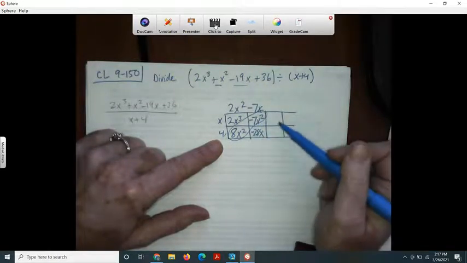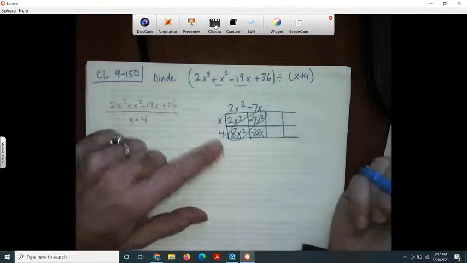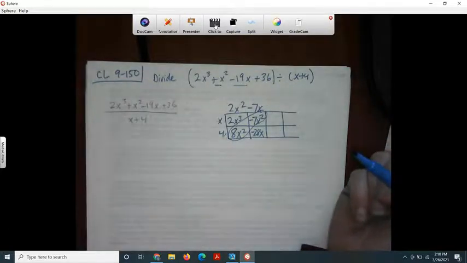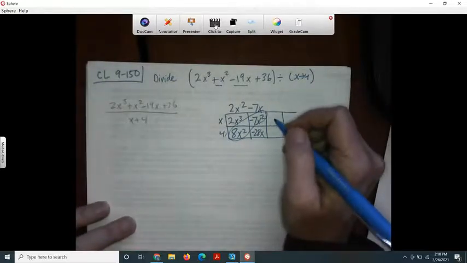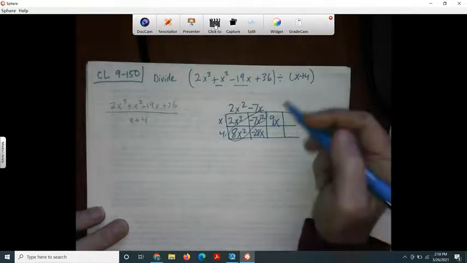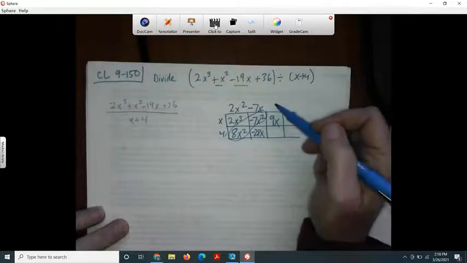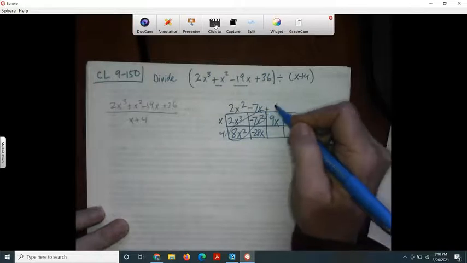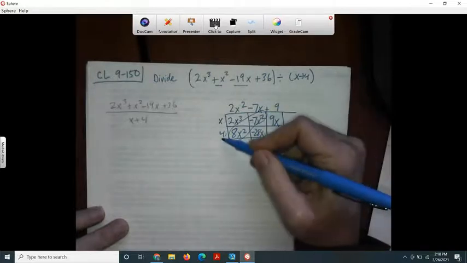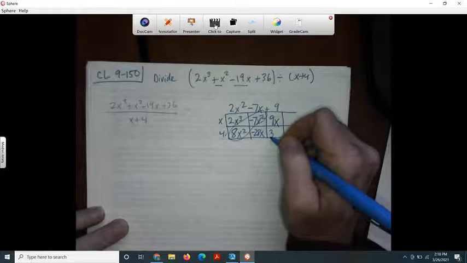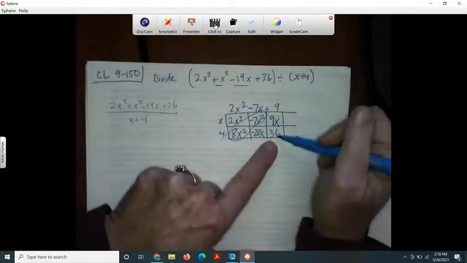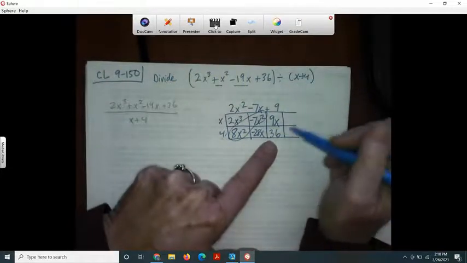So negative 28 plus what equals negative 19? I had to count on my fingers. That was 9, I think. That forces this box up here: since x times whatever's up here has to equal 9x, this has to be a 9 here. And then 9 times 4 is 36. That's good, because this 36 matches that 36. It means I don't have a remainder.